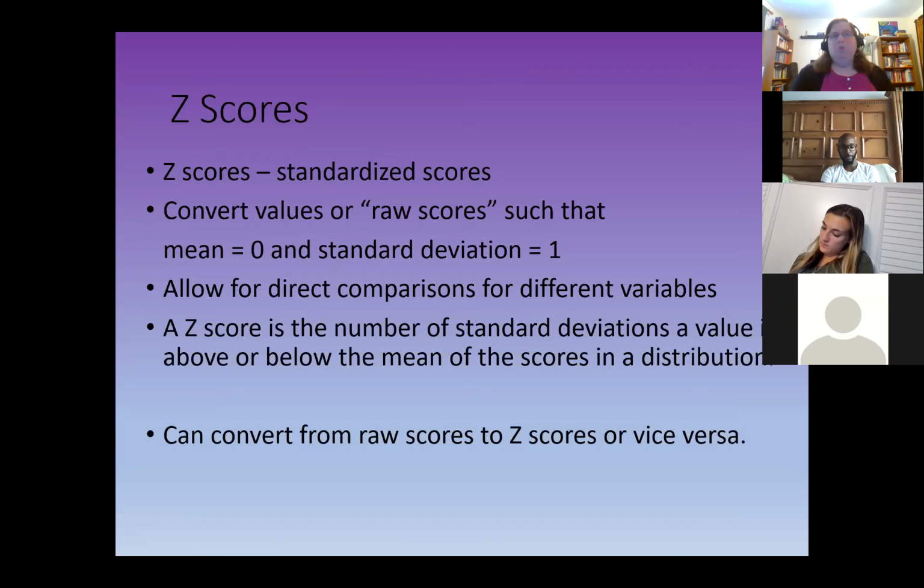And then on the one test, someone gets 120, and on the other test, someone gets a 72, and you want to compare the two. If you convert them to Z-scores, you can actually compare the two quite easily. So that's the power of Z-scores. And you can convert from a raw score to a Z-score or vice versa.